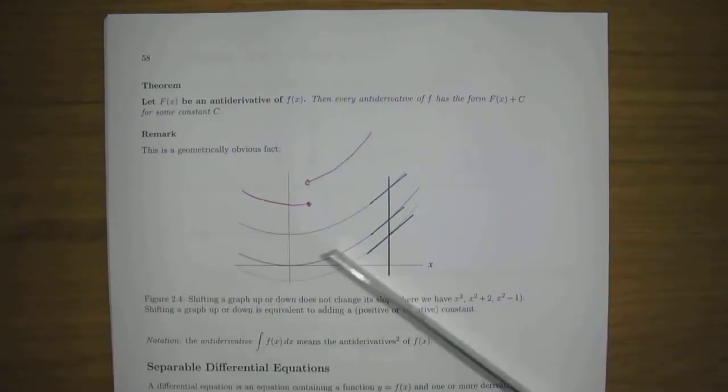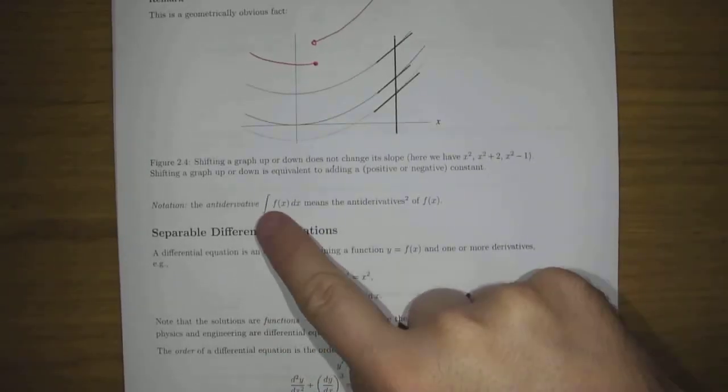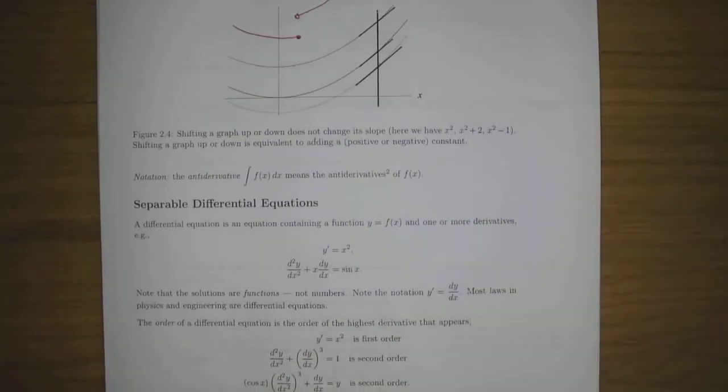Okay, so that's why adding a constant just doesn't change the slope. And remember, the antiderivative is asking for the curve with a particular slope, and there's loads of answers. So this is this notation we said. Okay, that's your mathematical background for the maths in the beam equations.